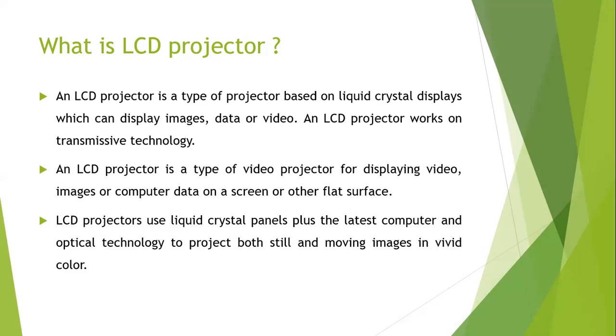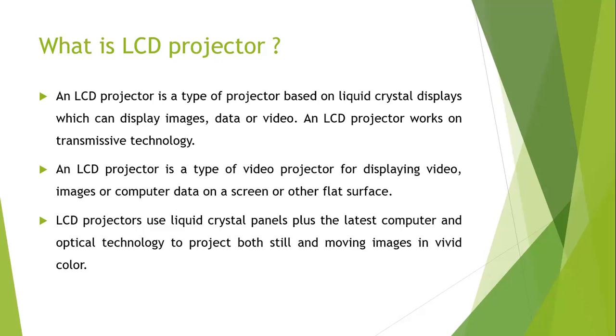An LCD projector is a type of video projector for displaying video, images, or computer data on a screen or other flat surface. So an LCD projector usually displays its images or videos on a simple screen or flat surface.